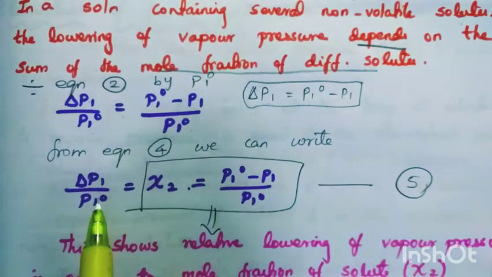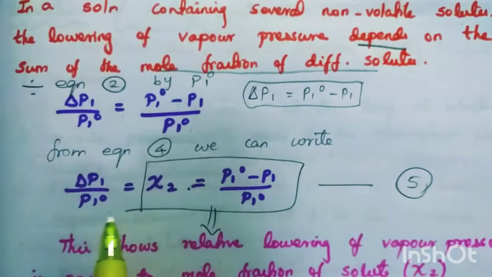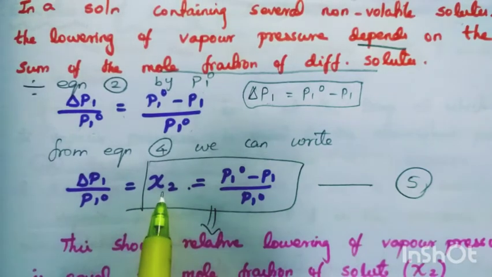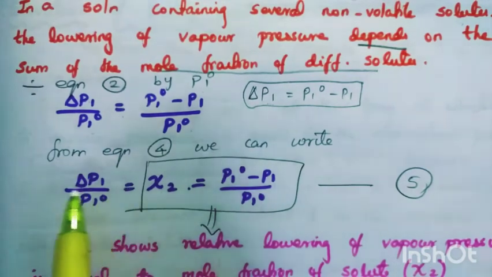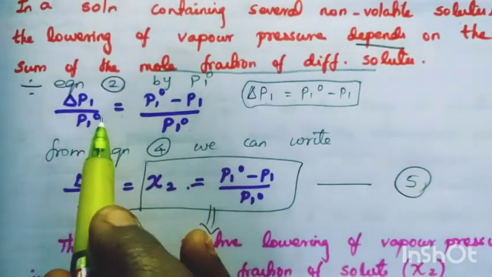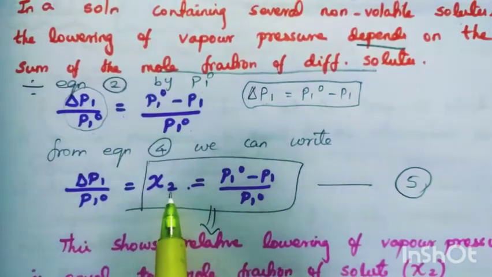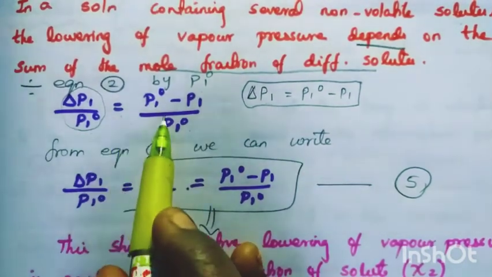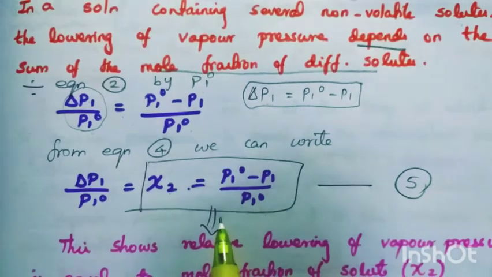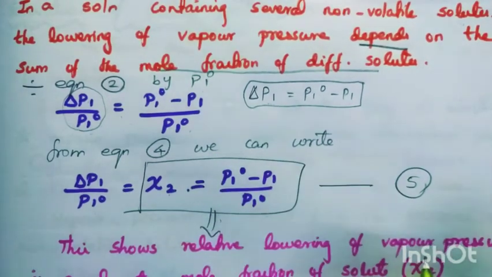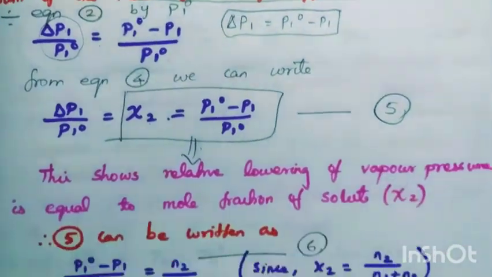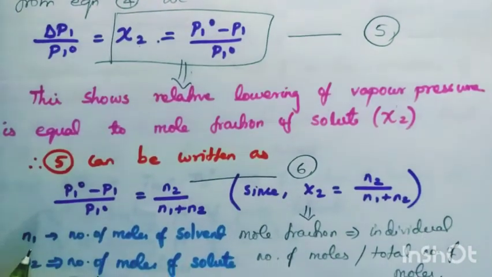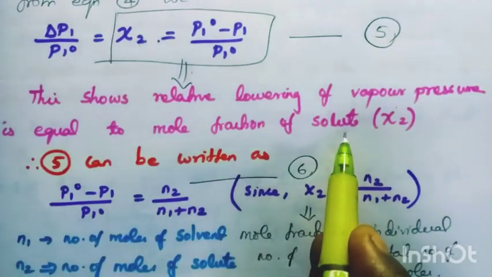So delta P1 by P1 naught can be written as X2, which we derived now. So X2 is equal to P1 naught minus P1 by P1 naught. This is the relative lowering of vapor pressure, which is equal to the mole fraction of the solute.